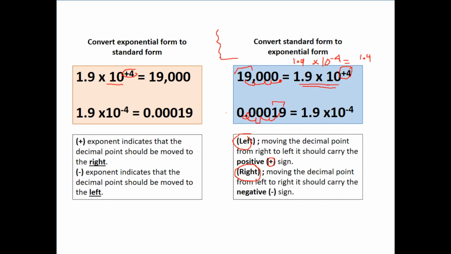It is very difficult to convert. So what you are going to do is to identify first your whole number, which is 19,000. Where is the decimal point of a whole number placed? The decimal point of a whole number is at the very end. Basically, for a whole number, your decimal point is at the end.